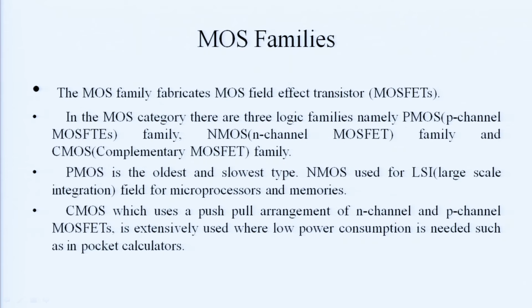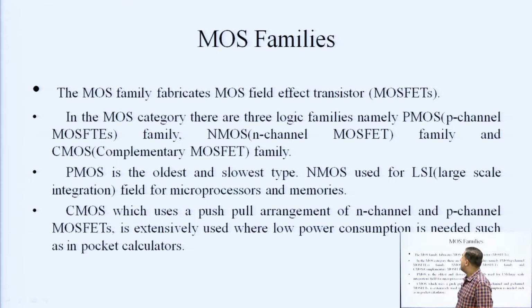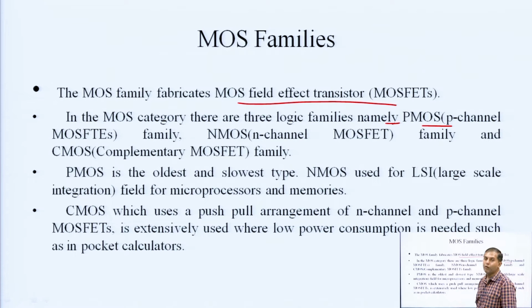Next, MOS families. The MOS family is fabricated using metal oxide field effect transistors. In the MOS category there are three logic families, namely PMOS, P channel MOSFET, NMOS, N channel MOSFET, and CMOS, complementary MOSFET. PMOS is the oldest and slowest type.